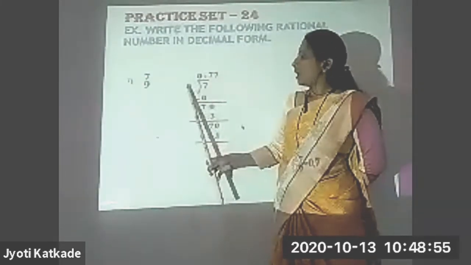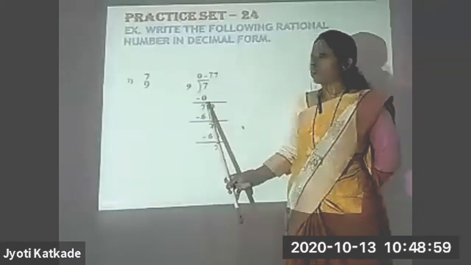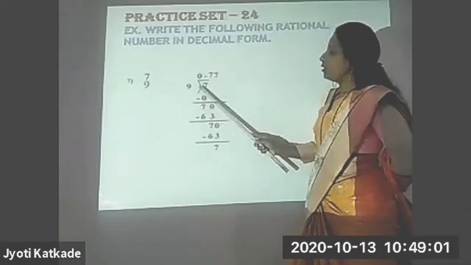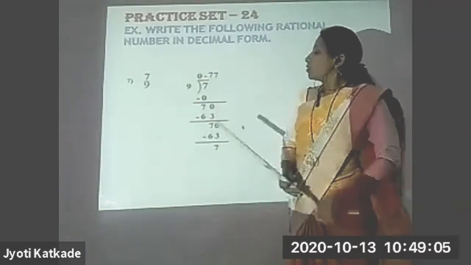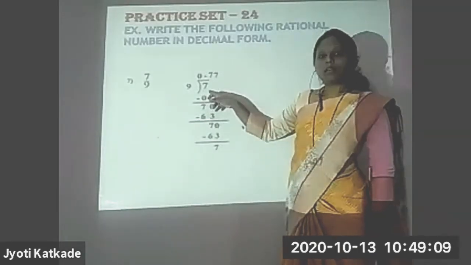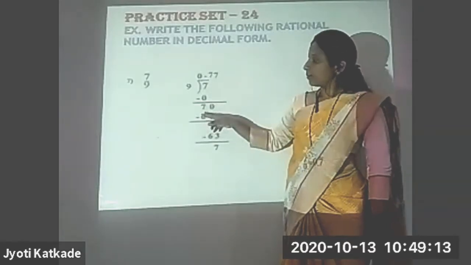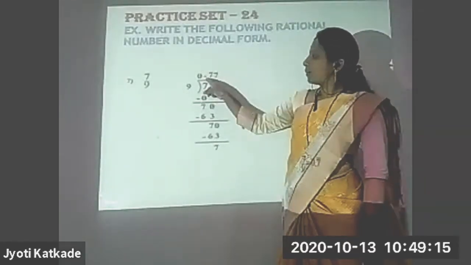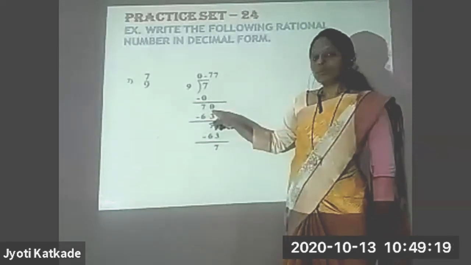So put 0. 9 into 0, we get 0 here. So subtract 0 from this 7, we get 7 here. Now put a decimal point after this 0. Now here the value is 70.